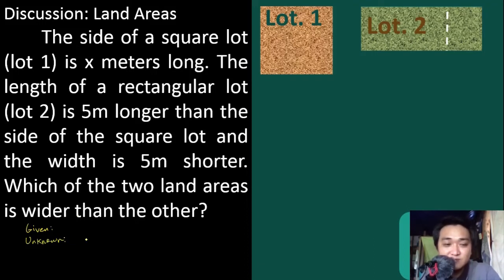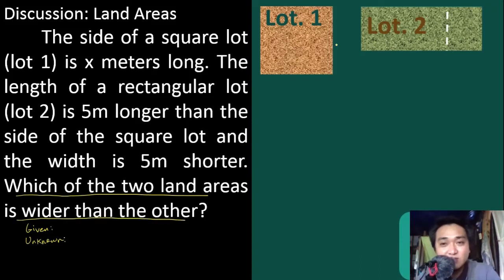Meaning, sa unknown values, kailangan inisip natin dito kung ano yung hinahanap natin, kung ano ba yung tanong. So, ang tanong dito is, which of the two land areas is wider than the other? Ganun lang kasimple. Tinatanong lang naman kung sino sa kanilang dalawa, between lot 1 at saka lot 2, kung sino sa kanilang dalawa yung mas malapad, ano?